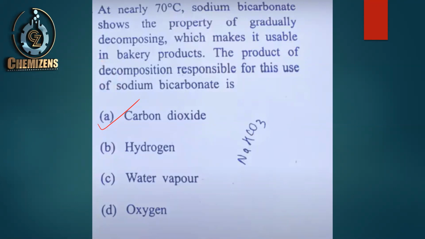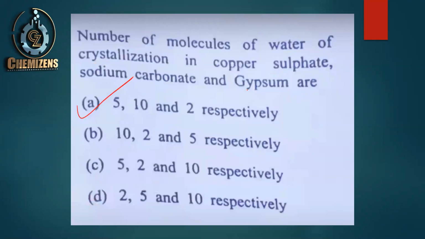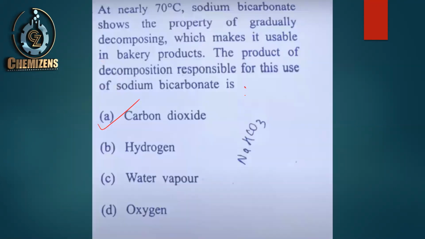So the equation is like this: we take baking soda, this is the formula of baking soda, and we add tartaric acid which contains H plus, so that releases salt plus carbon dioxide gas plus water. Here carbon dioxide gas is responsible for making the cake fluffy, because when it rises upwards, it makes the cake and bakery products fluffy.